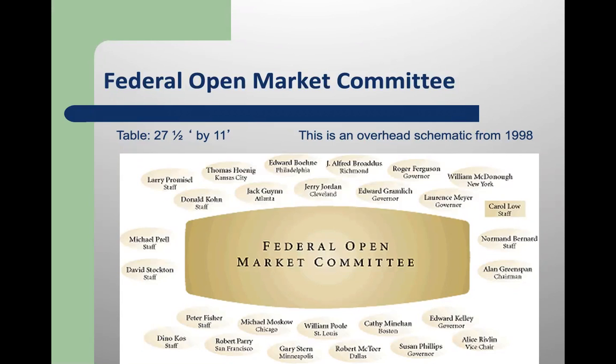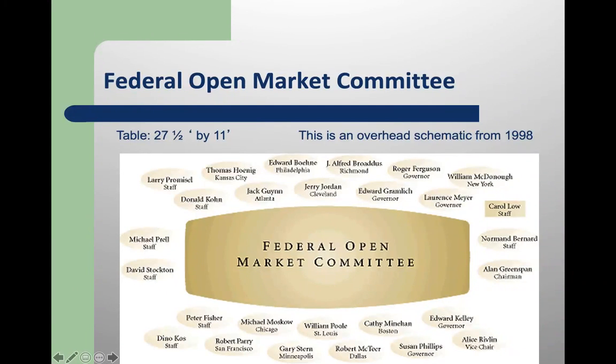The schematic that you see here is just an old diagram of the room in which the FOMC meets, and not so much the names that are important to note, but just note underneath some of the different cities that have Federal Reserve banks. You can see at the table you have Atlanta, and you have Cleveland, and Chicago, and St. Louis, and Boston there.